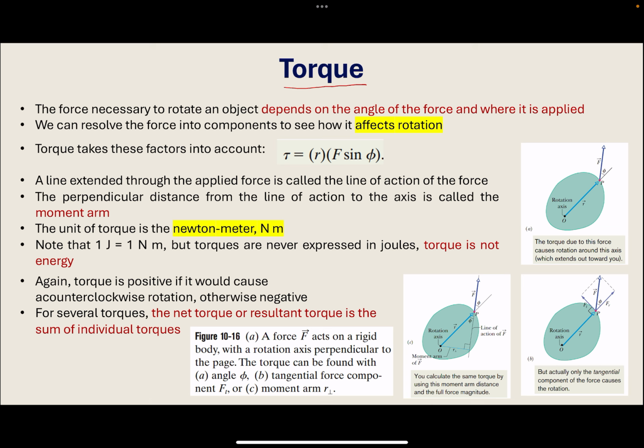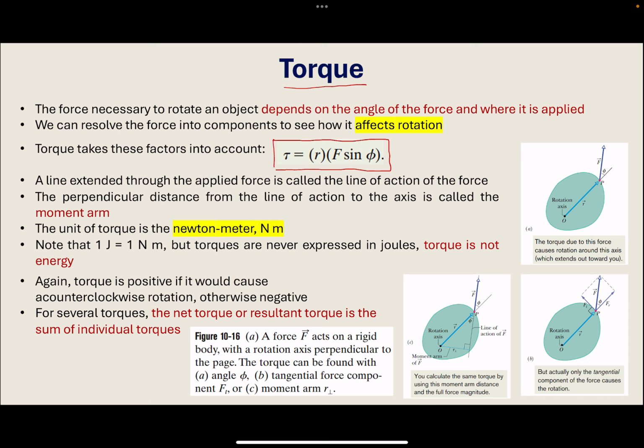Its magnitude depends on two key factors: the magnitude of the applied force and the perpendicular distance from the axis of rotation. Mathematically, we write torque τ = r F sin θ, where r is the perpendicular distance from the rotation axis to the line of action of the force, F is the applied force, and θ is the angle between the force and the lever arm.